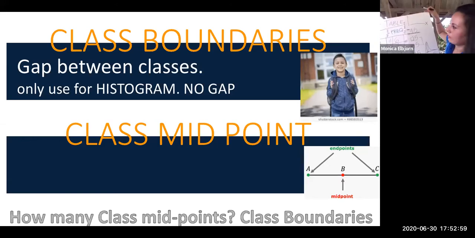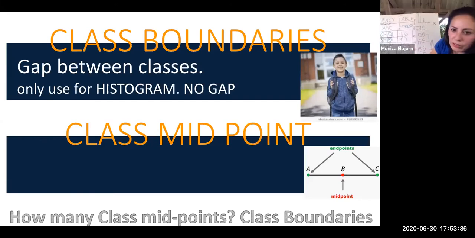If we go back, our X will be our first class. We could put the range, 10 to 12, then a gap, which is 12.5, and then 13 to 15. But on histograms there's no gap, so what we put over here is our midpoint.